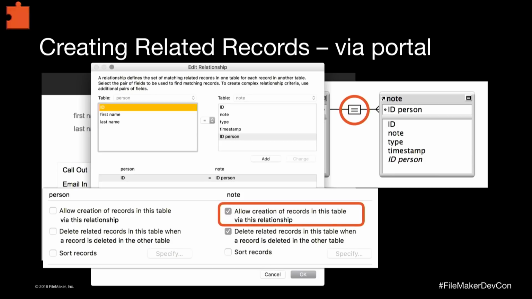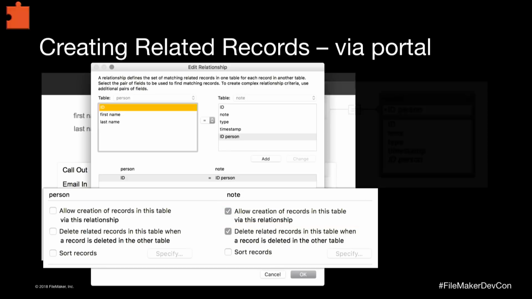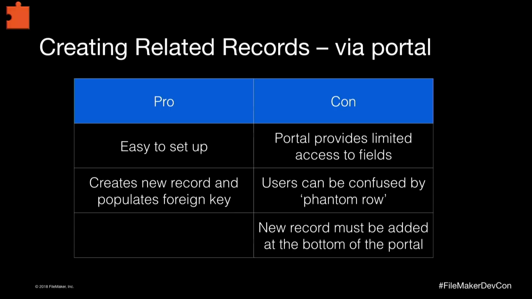That will mean that when you get the portal, you'll have this blank portal row down the bottom that can magically create a related record for the record that you're on at the moment. Now that can work, and the pros of doing that is that it's very easy to set up. It automatically creates the new related record and it populates it with the foreign key.